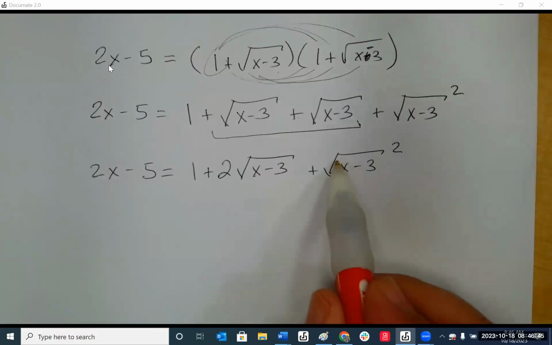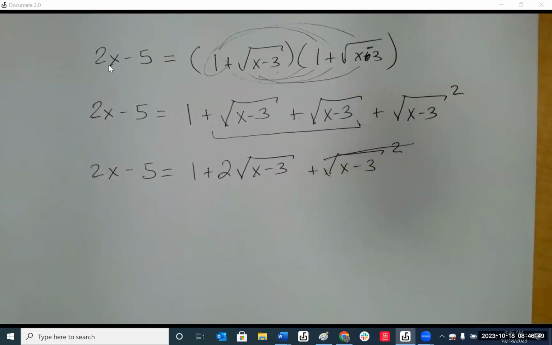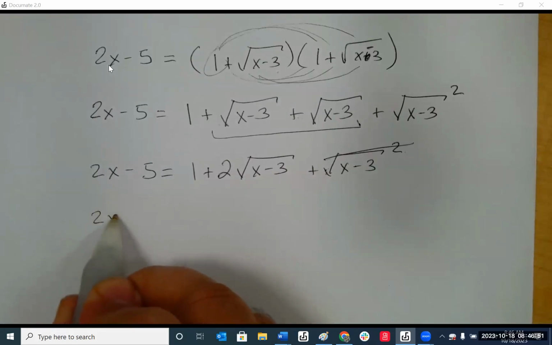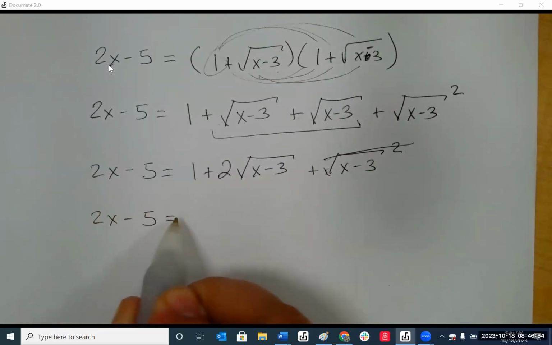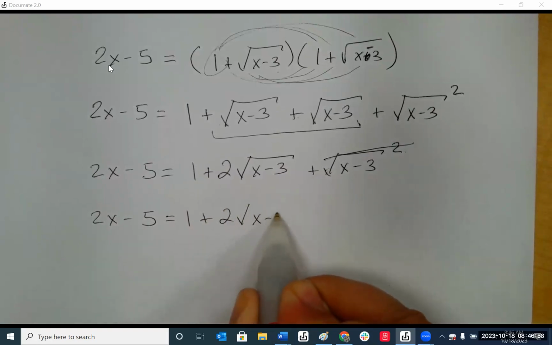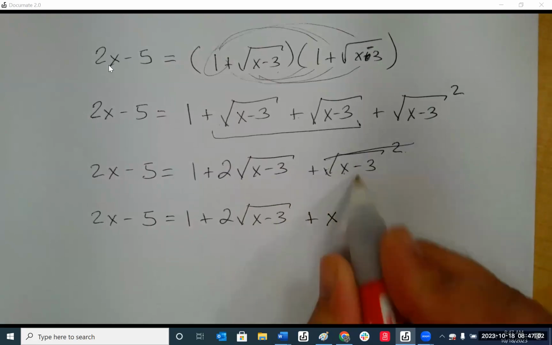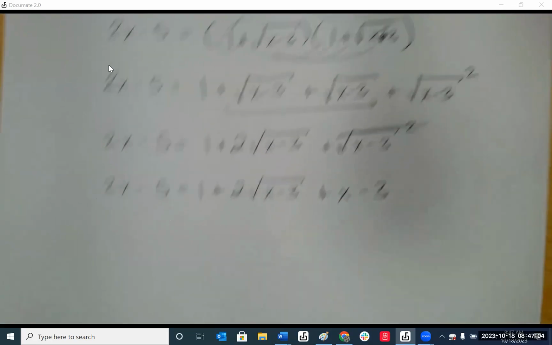On the right-hand side, we have the square root and the square. They cancel. One plus 2 radical x minus 3 plus x minus 3.